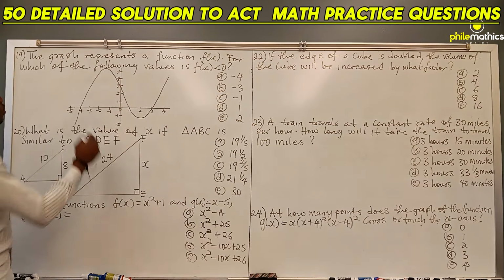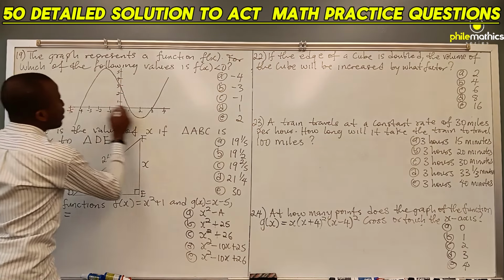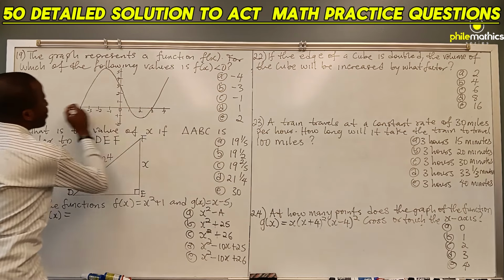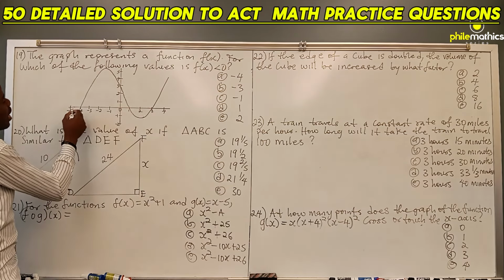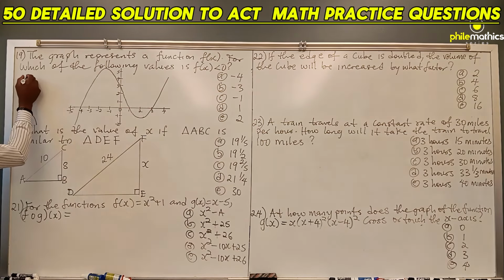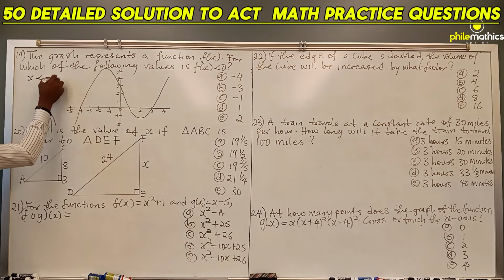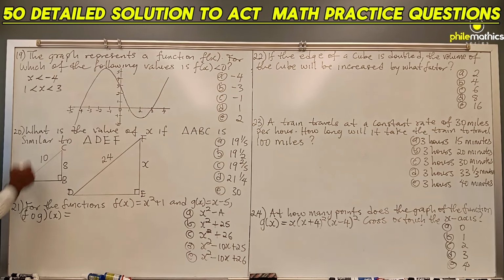Less than 0 means where it is less than the x-axis. It is less than the x-axis at x less than minus 4 and between x greater than 1 and less than 3.